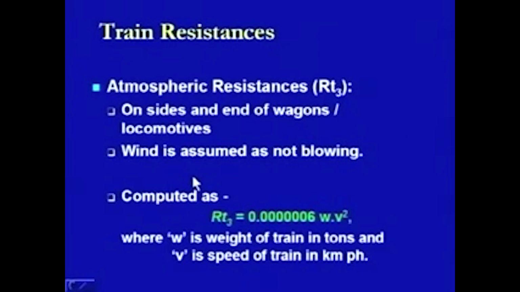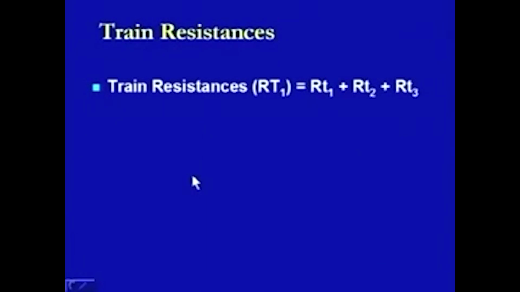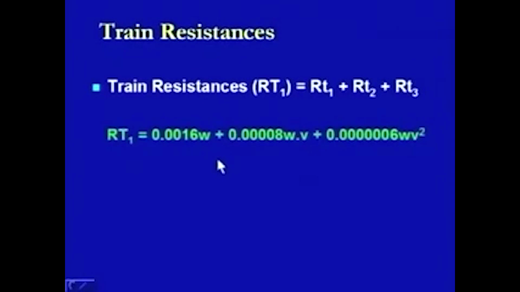So once we have all these three values, the total train resistance due to the rolling stock will be a combination of all the three values, that is RT1 plus RT2 plus RT3. And in that case, it will be given by this equation: 0.0016 W plus 0.0008 W into V plus 0.0000006 W into V squared.